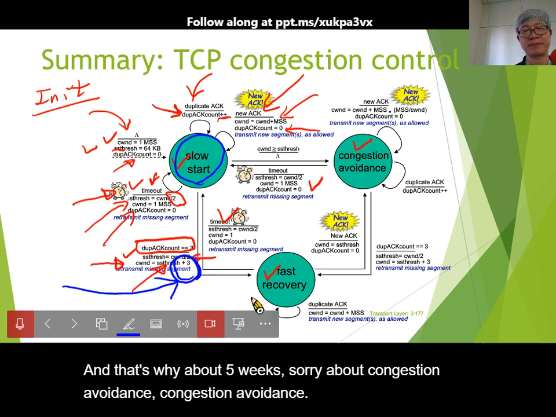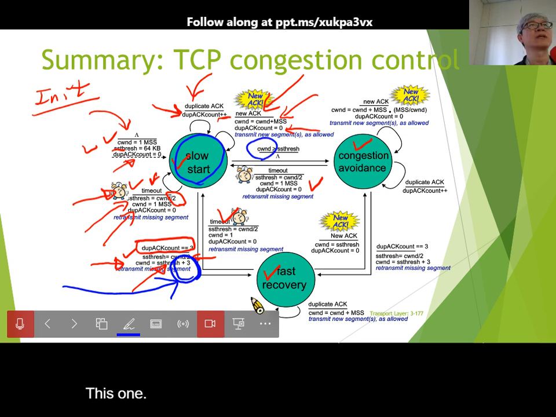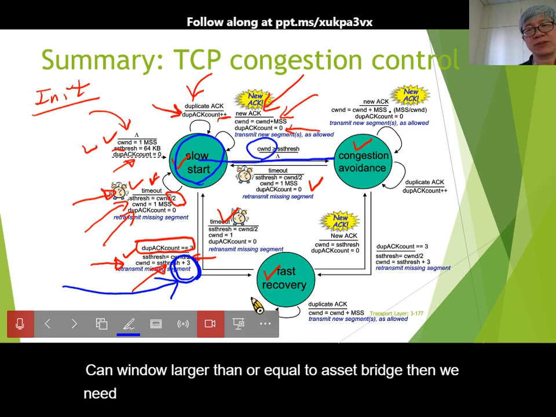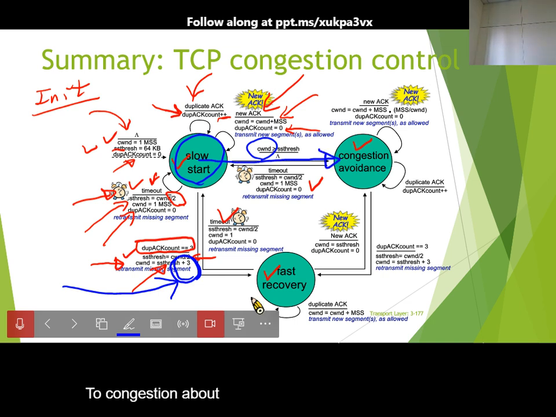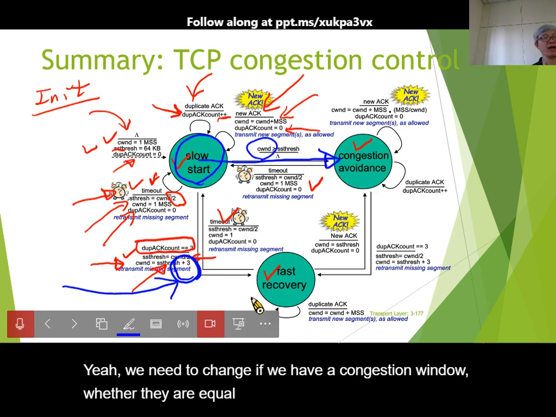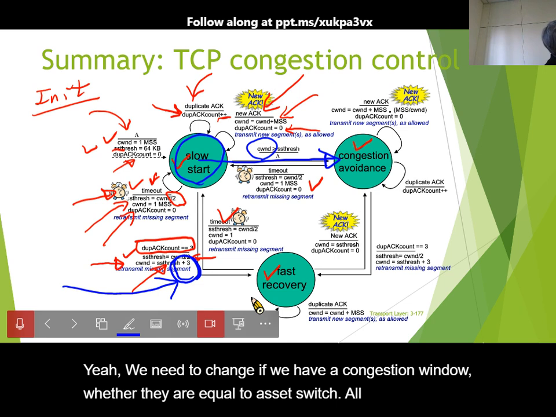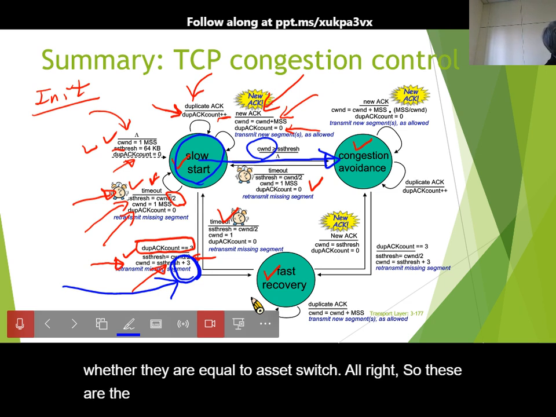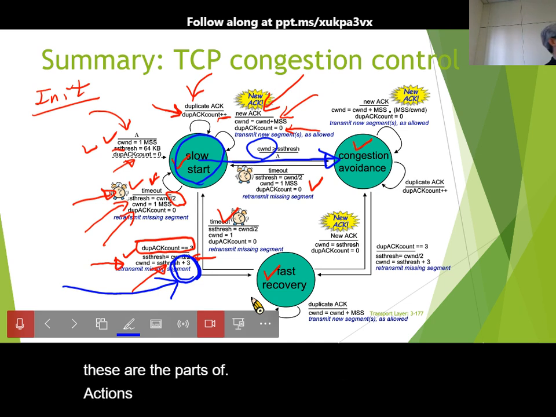This one: if the congestion window is larger than or equal to SSTHRESH, then we need to change the state to congestion avoidance. So this one I previously didn't mention. Alright, so these are the possible actions associated with slow start.